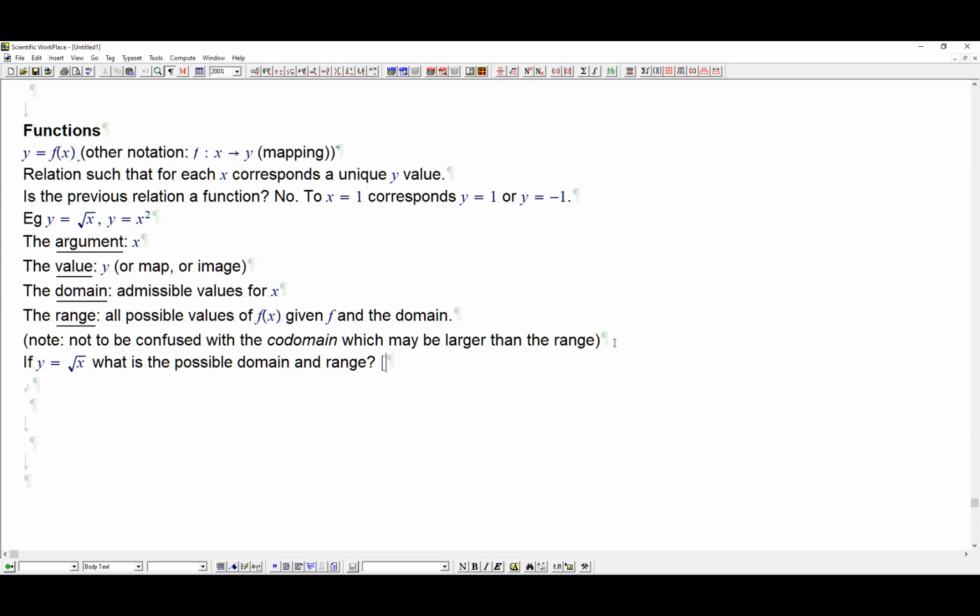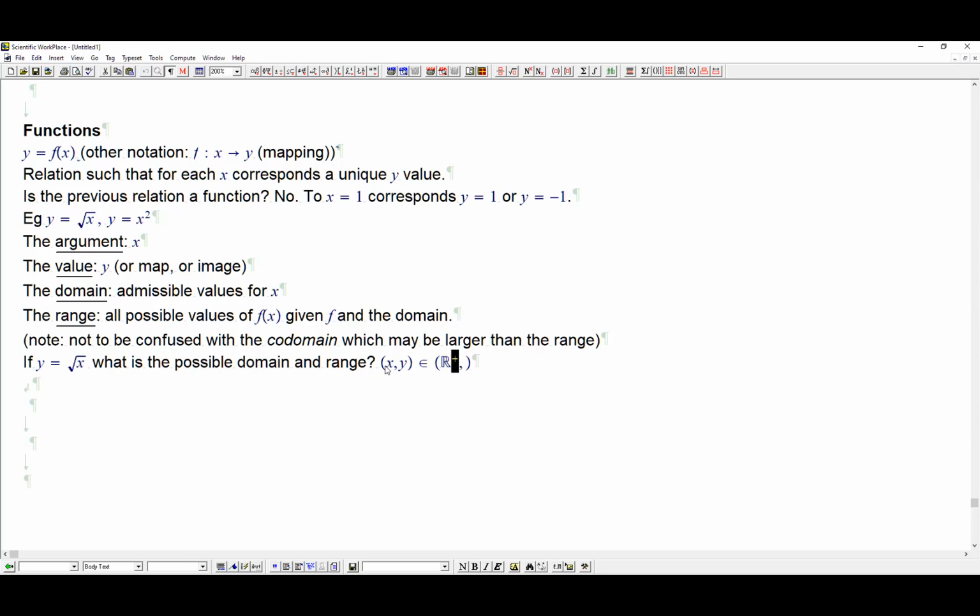So I would say x, y element of, so I only consider the reals. What are the possible values of x? All positive values? Yes. R plus.